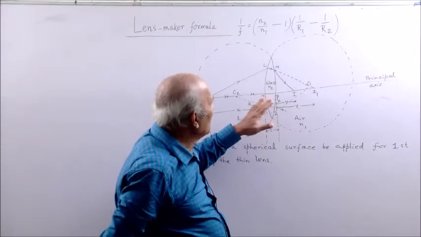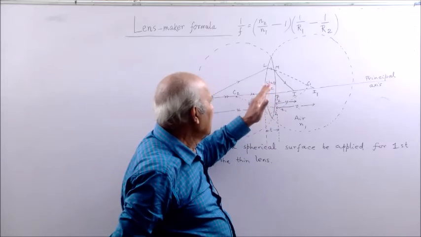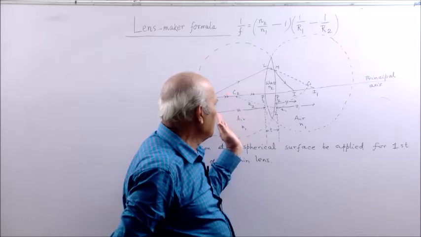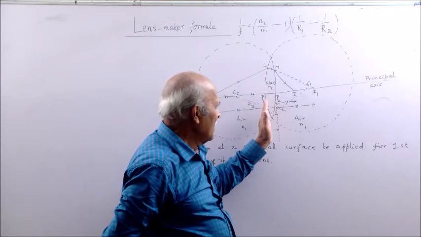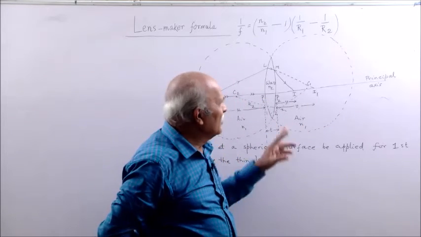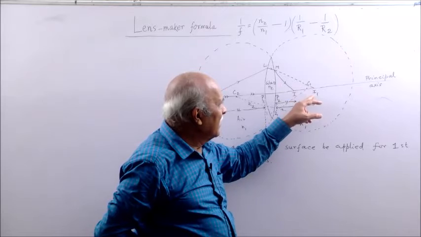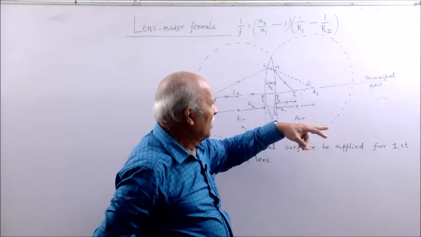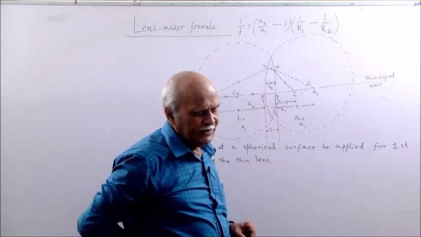That means we have to think that the first surface separates air and glass altogether. So the first image is at I1, which would have been formed had there been no second surface.